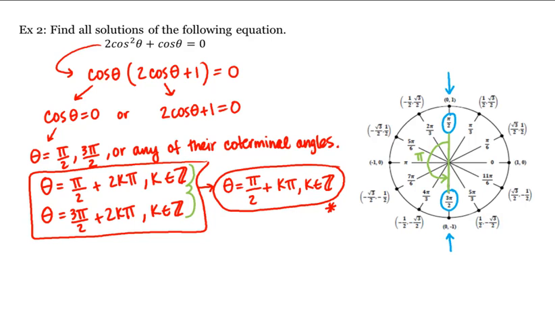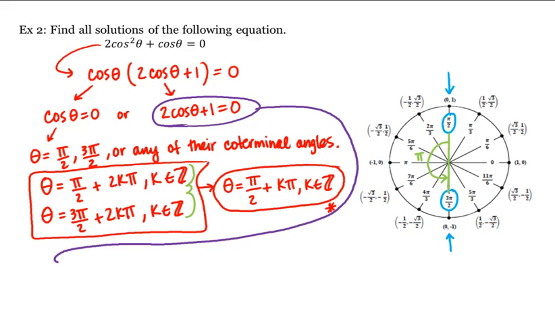All right, let's look at the solutions to this second equation here. Well, we can subtract 1 and divide by 2, which gives us cosine of theta is equal to negative 1/2. Again, remembering that the cosine of theta is the x-coordinate of the point of intersection of the terminal side of the angle and the unit circle.